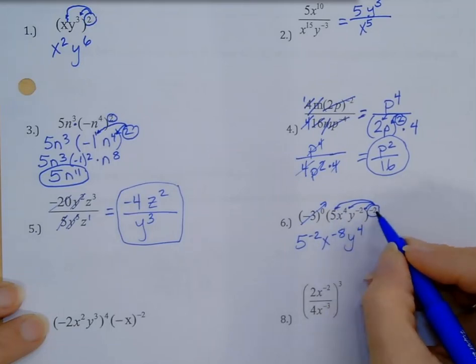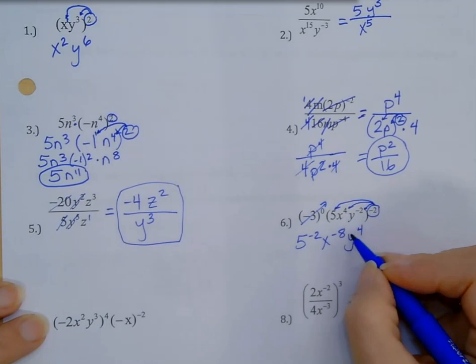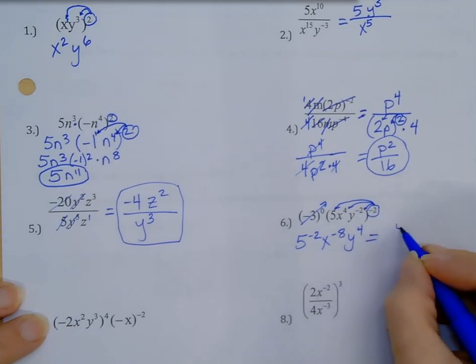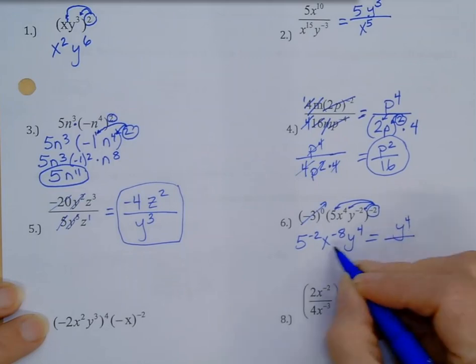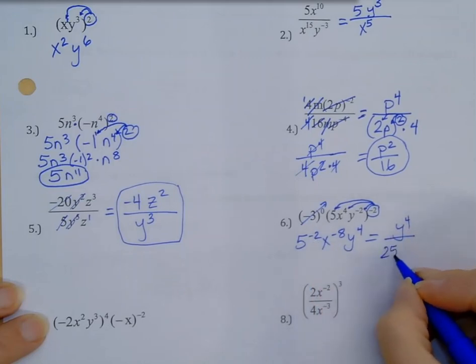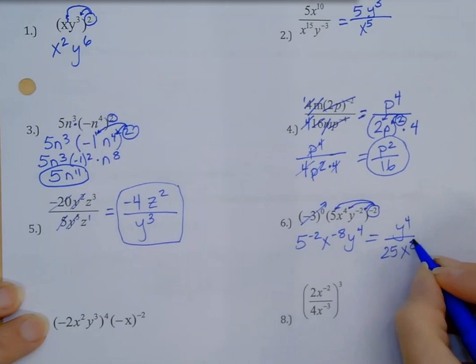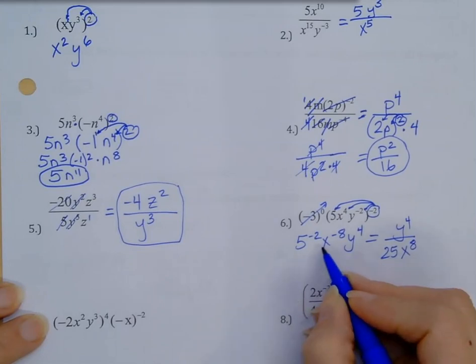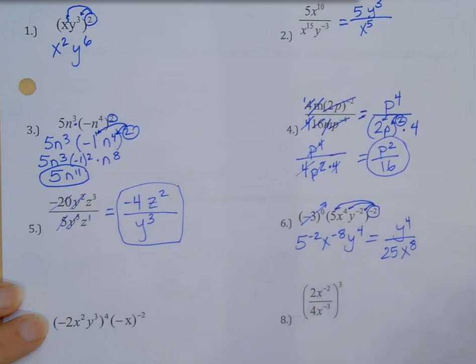Negative 2 times 1 is negative 2, negative 2 times 4 is negative 8, and negative 2 times negative 2 is positive 4. So that's going to be y to the 4th over 5 squared, which is 25, x to the 8th. Okay, this becomes 5 squared because I moved it to the denominator. And then, of course, I know 5 squared is 25. X to the negative 8, when I move it to the denominator, becomes x to the 8.